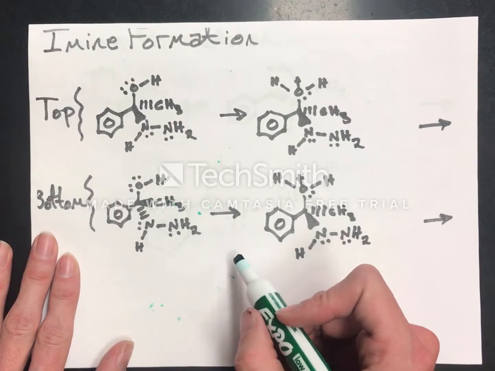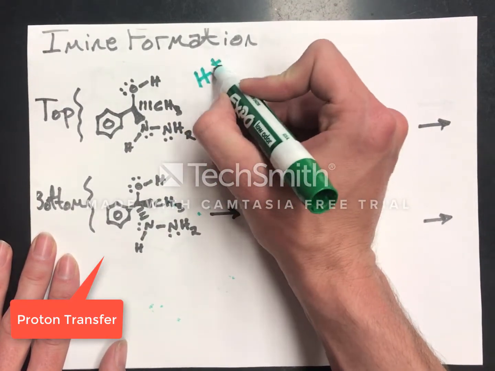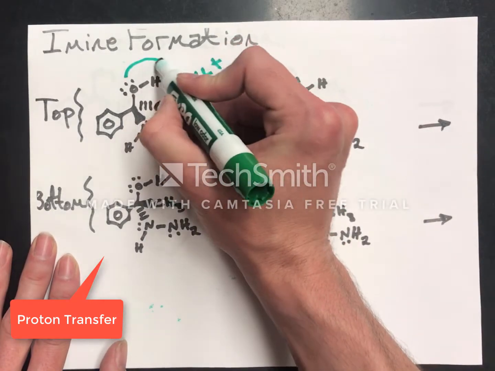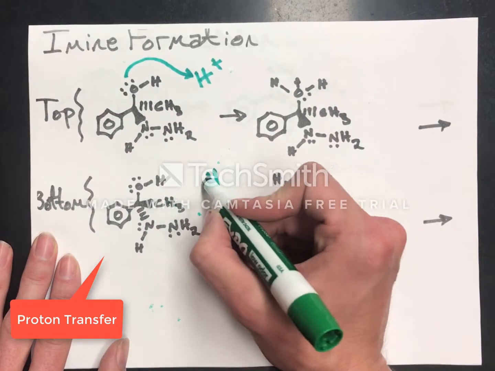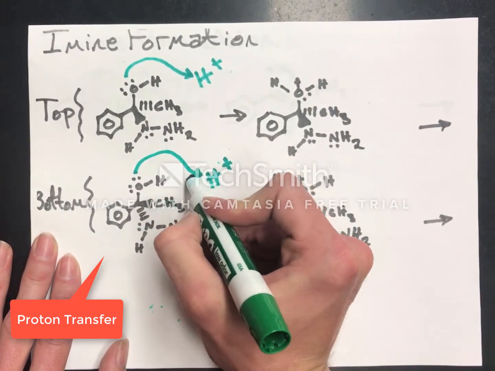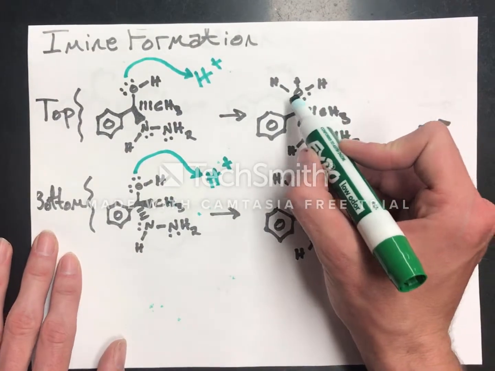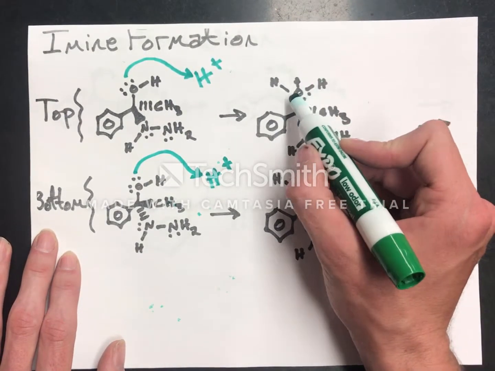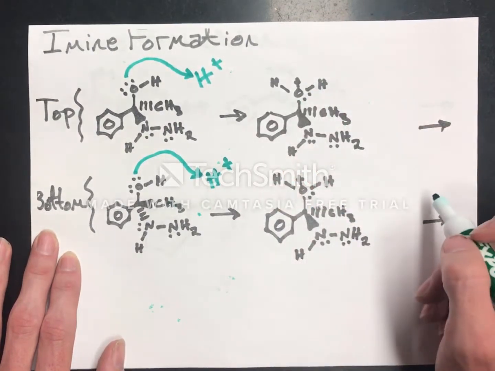The imine formation continues once again with H+ being attacked by the lone pair on oxygen. It does the same thing with the other stereoisomer. This forms a great leaving group with a positive charge on an oxygen atom and 2 hydrogens.